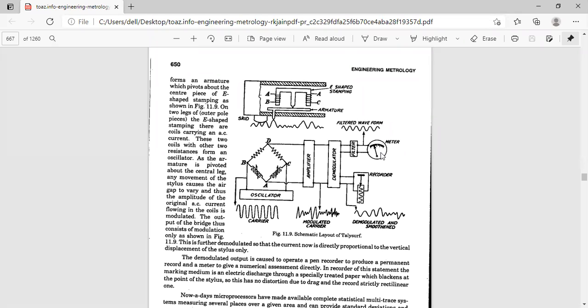Here, as far as the textbook knowledge is concerned, the recorder of this particular instrument has a marking medium with an electric discharge. For that electric discharge, we have a specially treated paper. So what happens, it blackens at the points of the stylus.